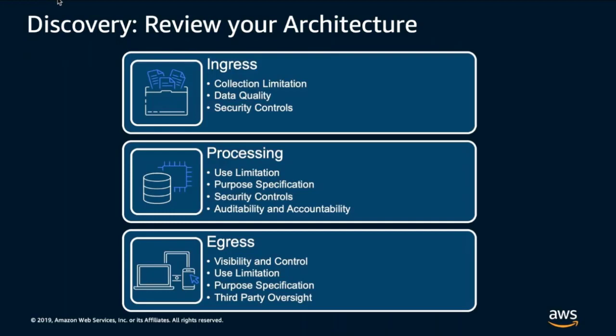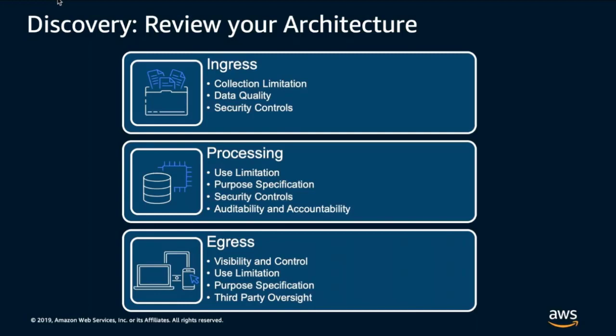So in terms of your architecture, you need to also take a look at how you're collecting data, how it enters your technical environment on the cloud. Look at which controls are in place around ingress of data. Look at which controls you have currently in terms of processing of data as well.